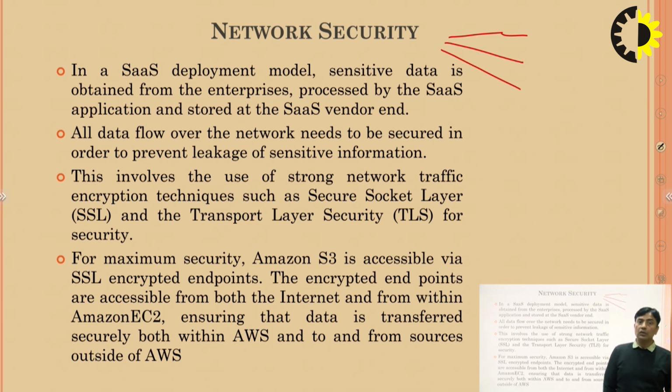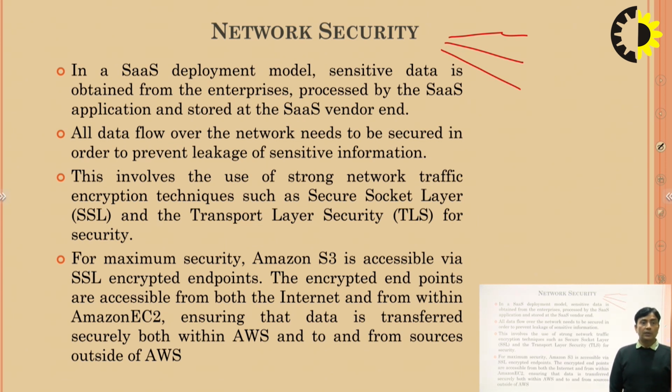Because when we talk about the network, that means data are communicated, data are in transmission. So that should not be altered, that should not be modified, that should not be changed. So for all data flow, okay, you have to prevent the leakage of data. That means if someone in the middle of communication is listening to your secret data, you have to ensure that they are not.